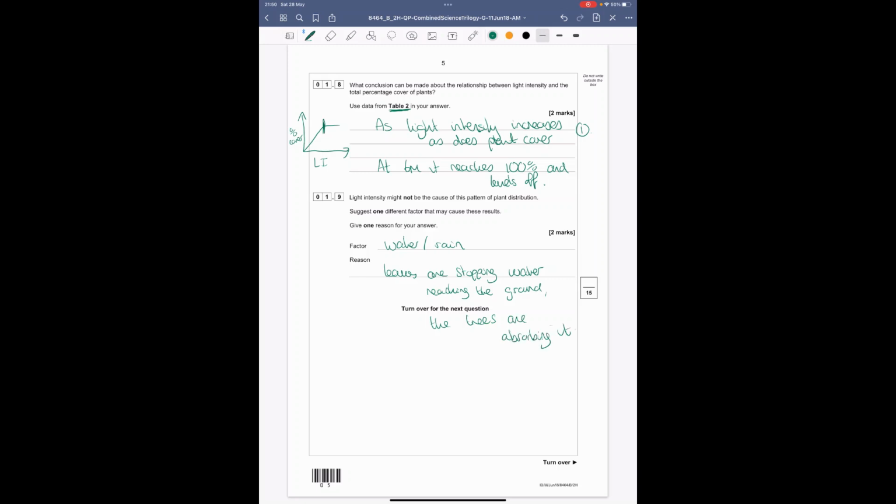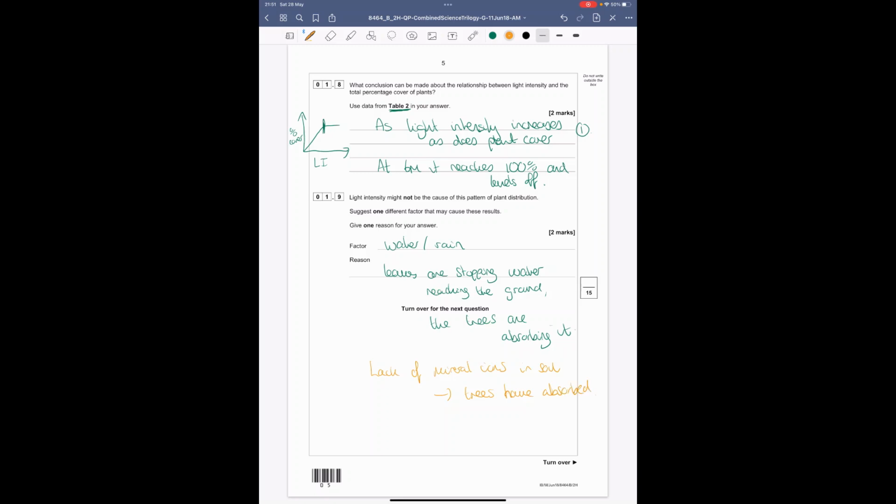Therefore, there's no water left for the daisies or other plants, and therefore it's not increasing. That might not be the only reason though. You could also say, well, maybe there is a lack of mineral ions in the soil. Again, maybe because the trees have absorbed it.